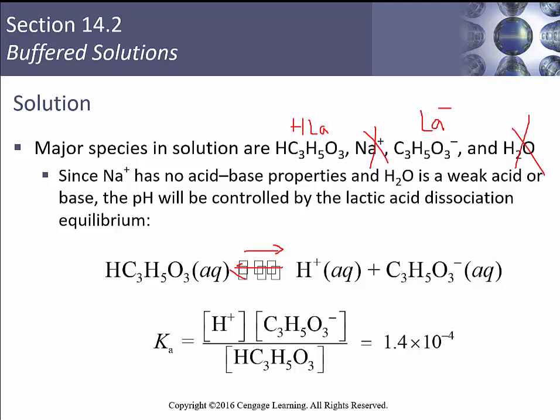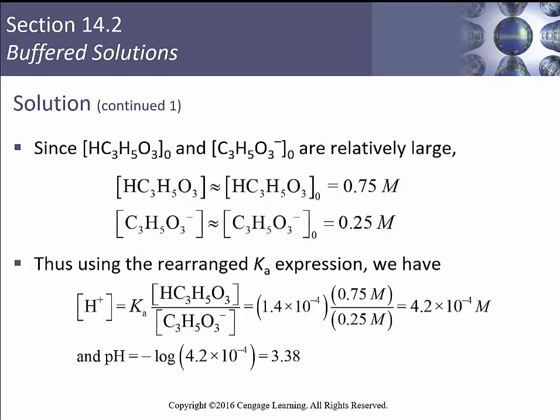So we're going to get our Ka as products over reactants, and we're given a numerical value for that. Since our concentrations of the acid and the base are relatively large, we're going to say that they will be about the same at equilibrium as the initial concentrations.